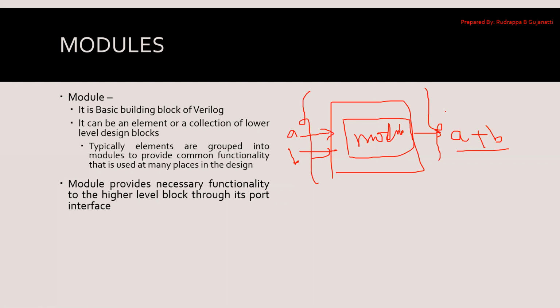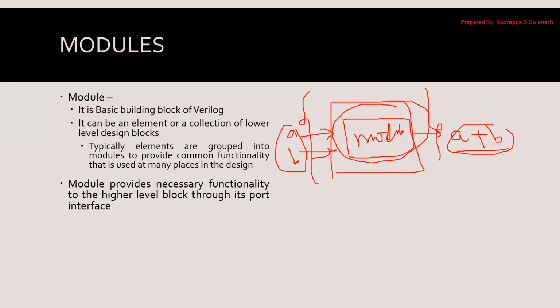You are basically hiding the implementation part. You will be doing the entire thing, but how it is done, you are hiding it. That is what you are looking for. For a user, it is just providing these two inputs and getting the result. The internal details are not provided, but you will be implementing those in the module.